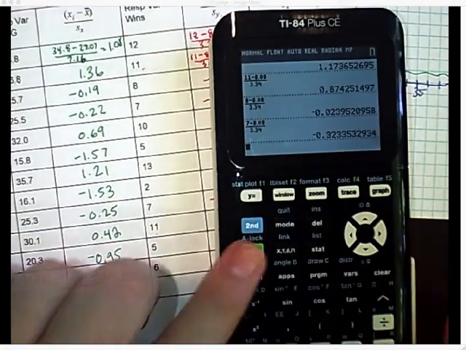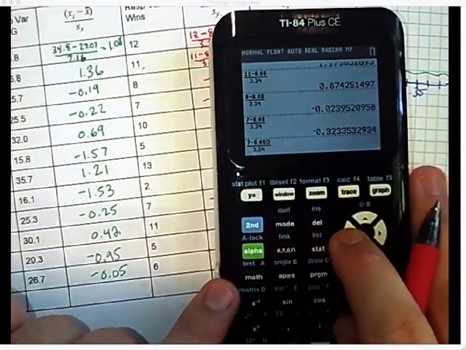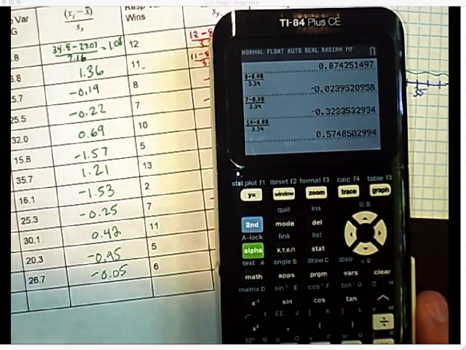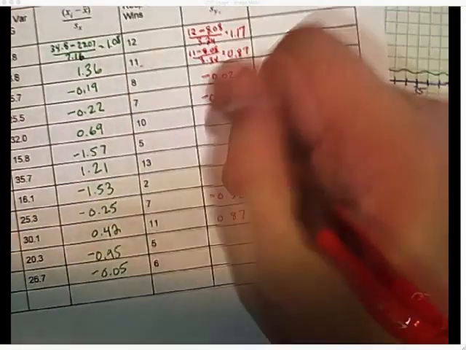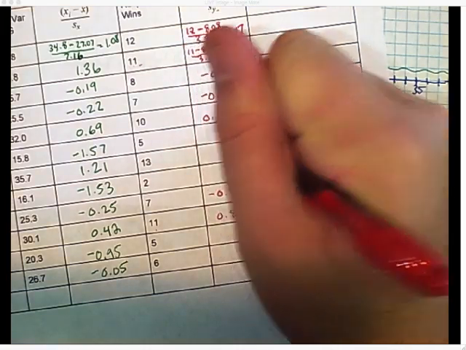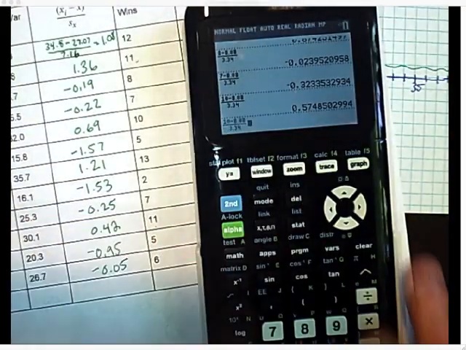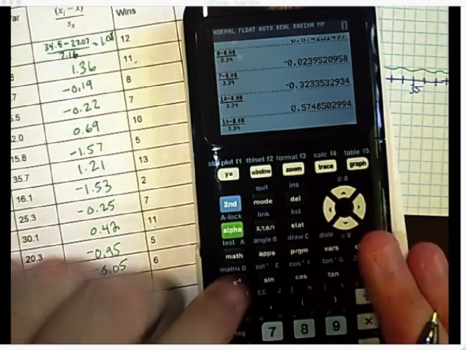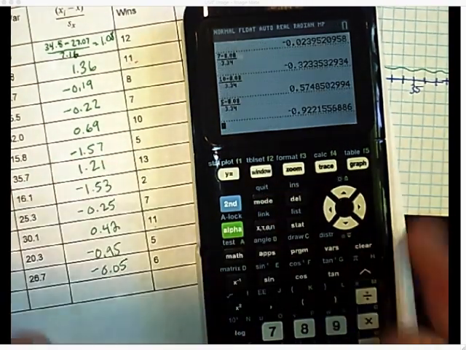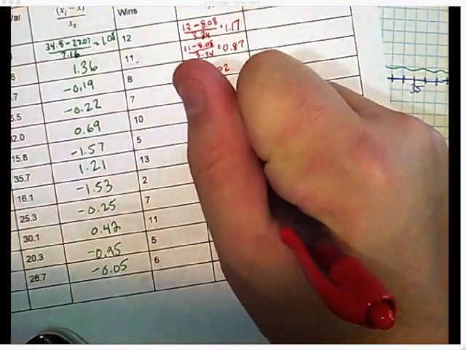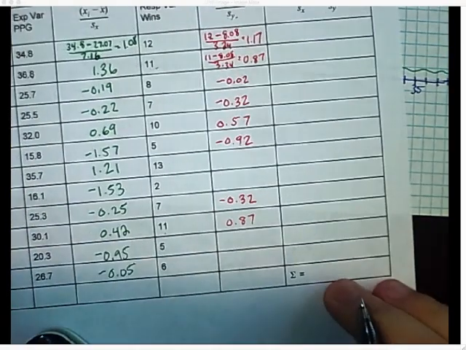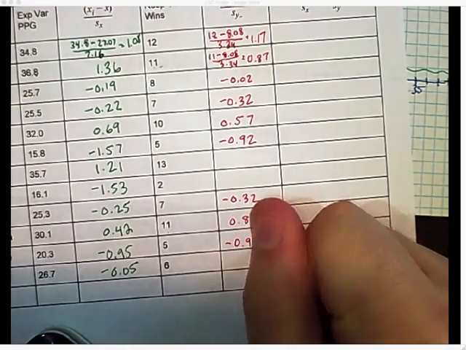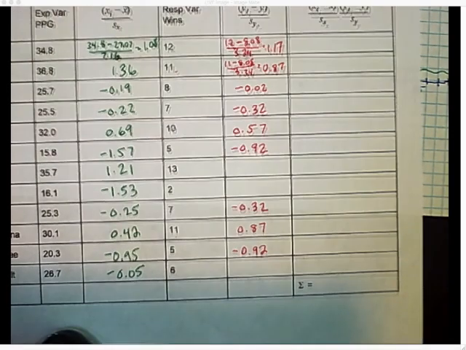For 10, it's 0.57. For 5, negative 0.92. And here's another 5 down here. That's also negative 0.92.